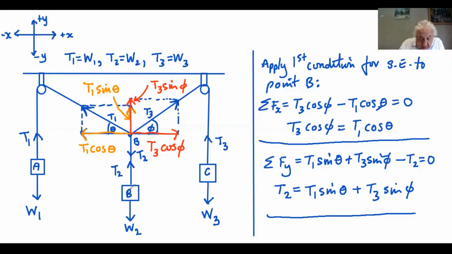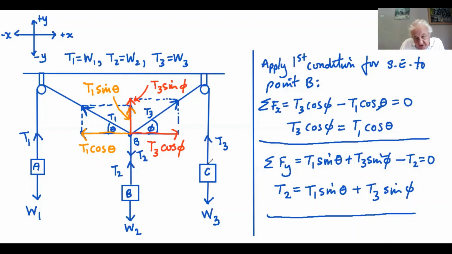And similarly, when we look at block B, point B is pulling on block B with tension T2 so that it balances W2. Similarly, block B is pulling on point B with a tension T2 by action and reaction.